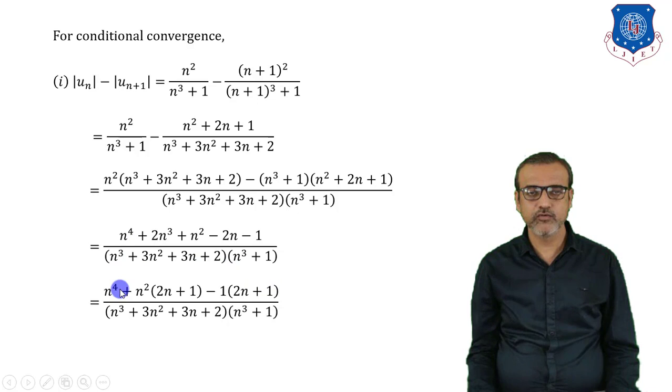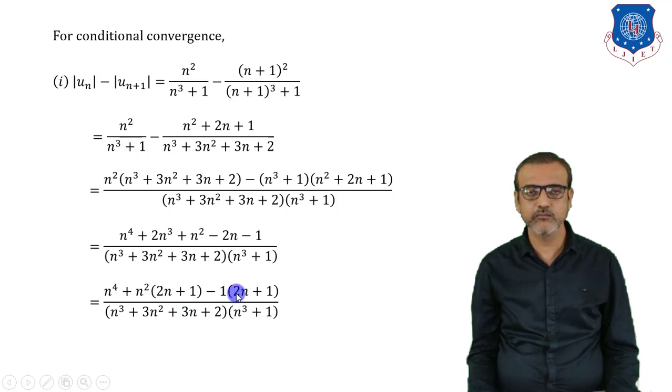Now this n raised to 4 will be as it is. Now taking n square common from these two terms, so into bracket we have 2n plus 1. Then after taking minus 1 common from these two terms, so into bracket we have 2n plus 1, and in the denominator we have these two same factors. Now again we will simplify this result.